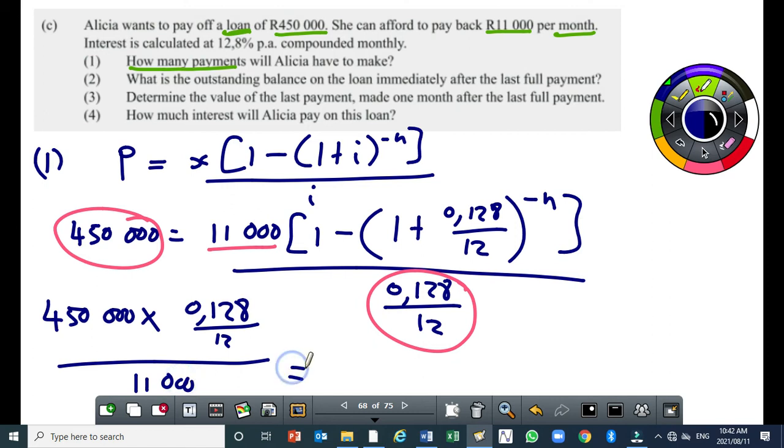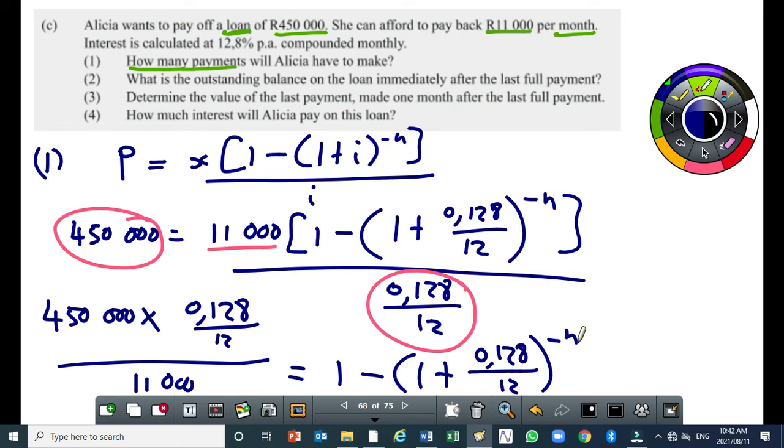This will be equivalent to what's inside the square bracket, 1 minus, open bracket, 1 plus 0.128 over 12 all raised to the power of minus n. So you're supposed to have that.